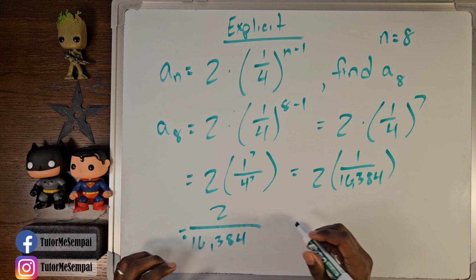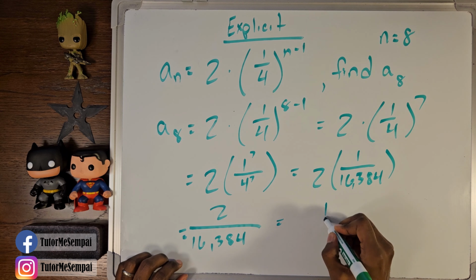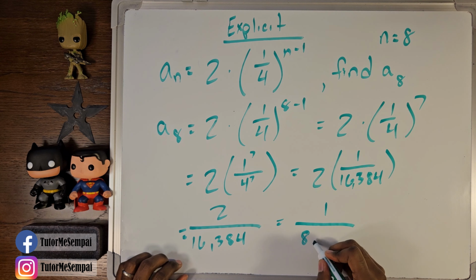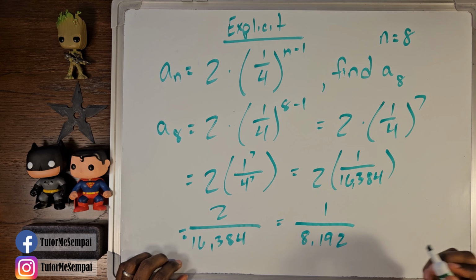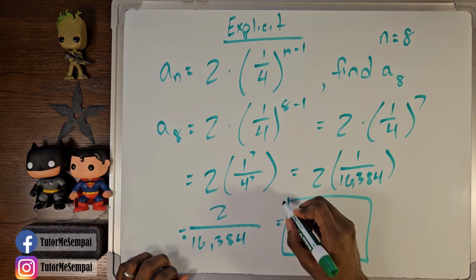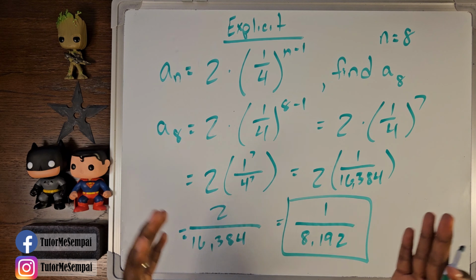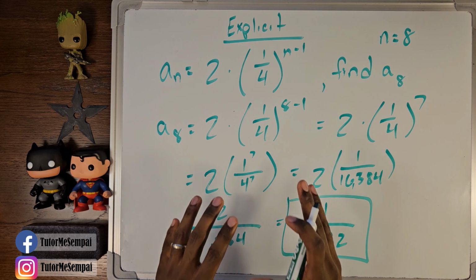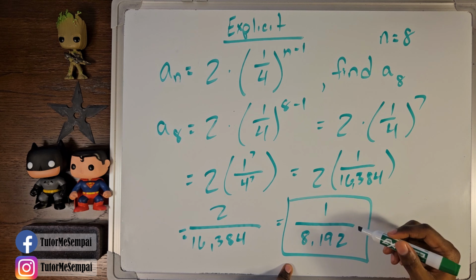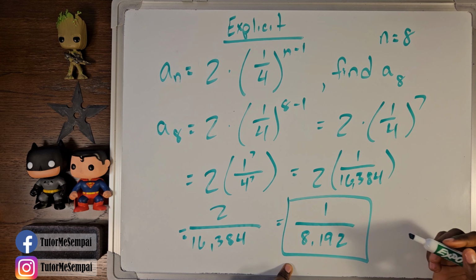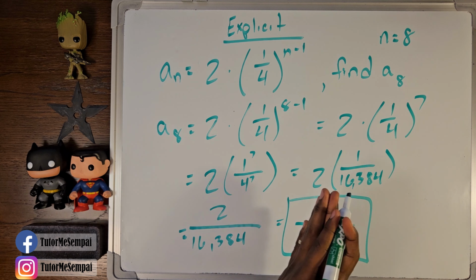And last but not least, we can simplify this to be 1 over 8,192. This is going to be our final answer. Our a sub 8, our 8th term of this geometric sequence is going to be 1 over 8,192.